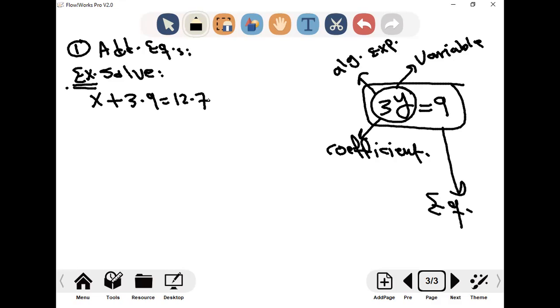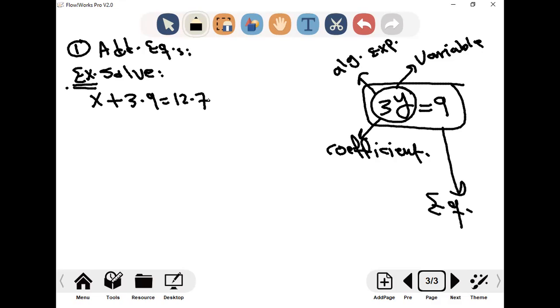If we have a plus or minus, we shift it to the other side. Remember? And when we shift, we always change what? The sign of the number. So here the connected number is 3.9. When we shift it there, it will be negative 3.9. Got it? Don't forget to change the sign.